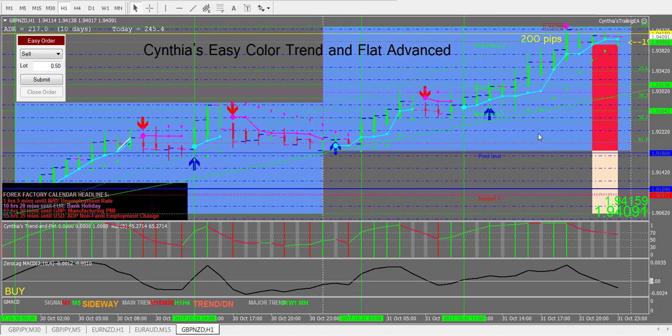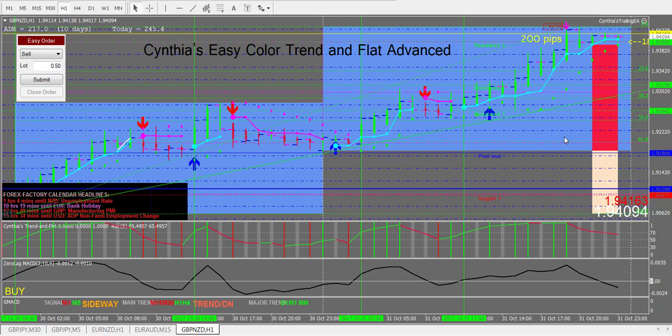And you can enter at the minor key levels or the major key levels. Use the minor key levels spaced 25 pips apart to manually move your stop if you're not using a trailing EA. Using the trailing EA is much easier because it's all automated, and while you're sleeping at night, your trade is being managed for you. So that's the preferred way. That's the way I do it.